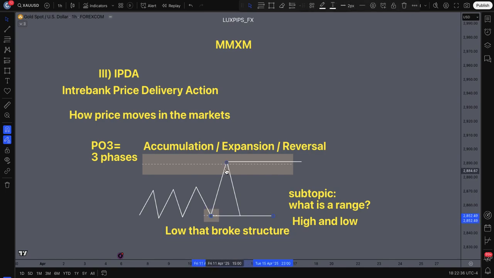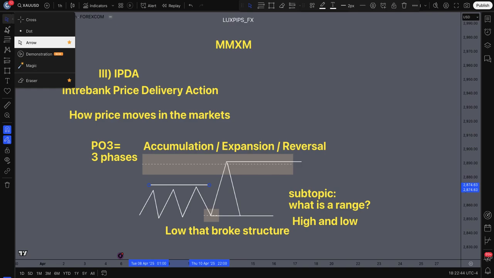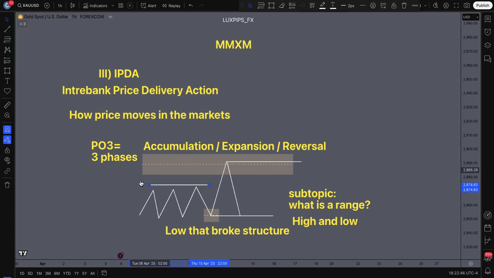This low was the one that broke all the structure here to the left. This is the accumulation phase.